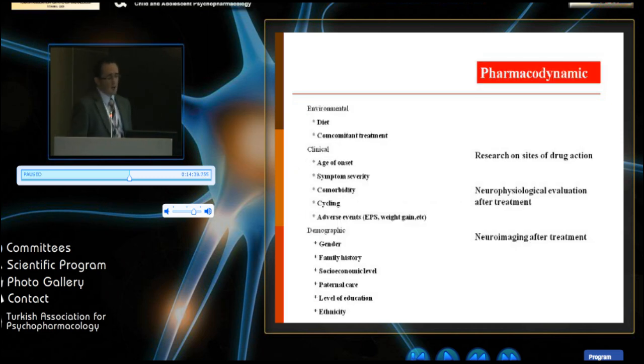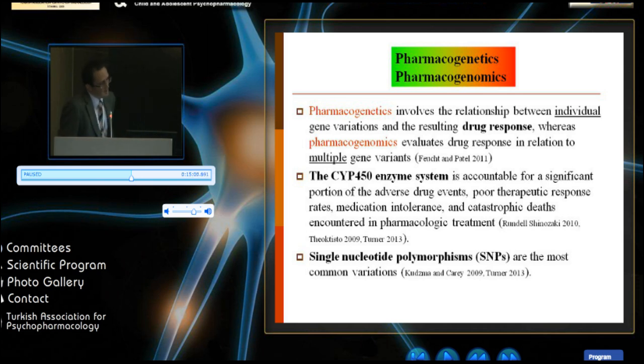Pharmacodynamically, what exactly are we doing? In the same way, if we think that the drug is effective, we consider many factors. Of course, we first listen to the history of the patient, but then we examine the area where the drug is supposed to have an effect on, and then we follow the changes that take place in the brain, and imaging methods are used in terms of treatment.